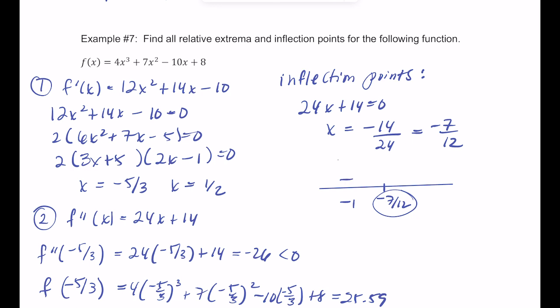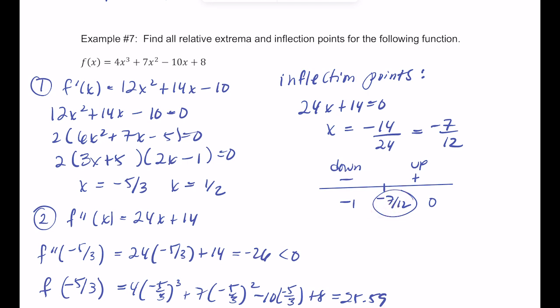So that tells me it's going to be concave down, the function, right? And if I plug in 0, I get a positive. That tells me it's going to be concave up. Okay, so since it's changing signs, that tells me that is an inflection point.